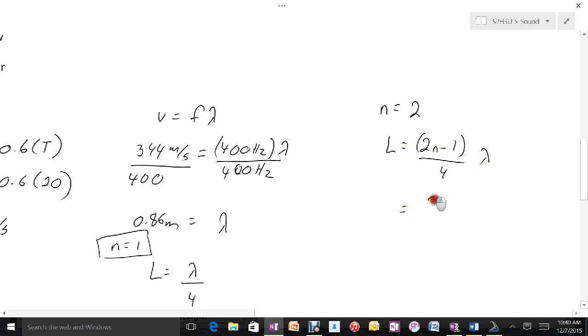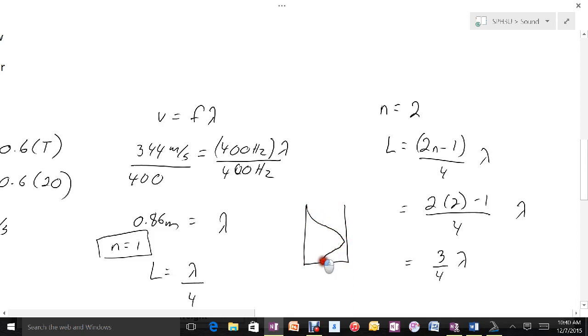So if I put 2 into this equation, it works out to 3/4 lambda, which, for what it's worth, is the second possible standing wave pattern, where we start at a node, we go through one node that we don't use, and then we go up to the antinode, and that works out to 3/4 of a wavelength.